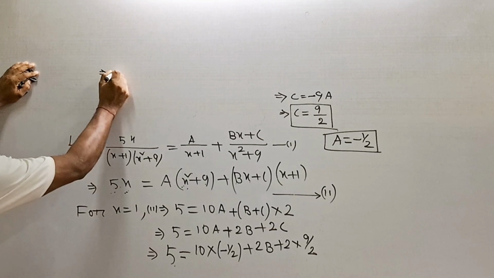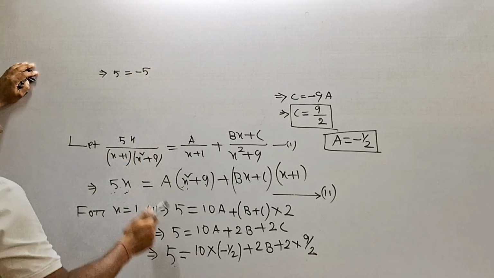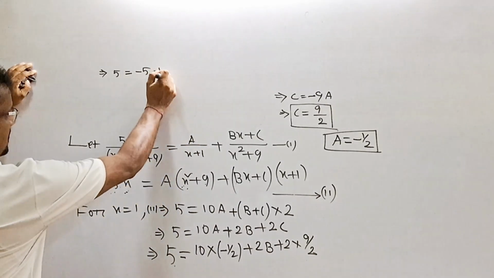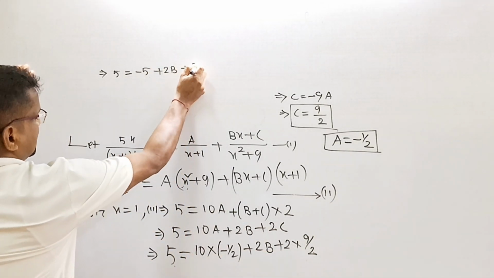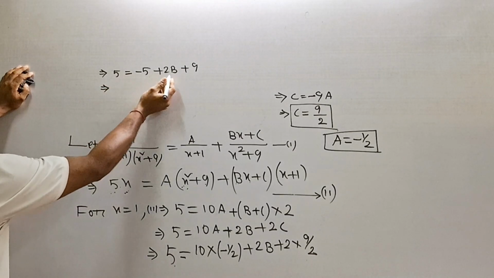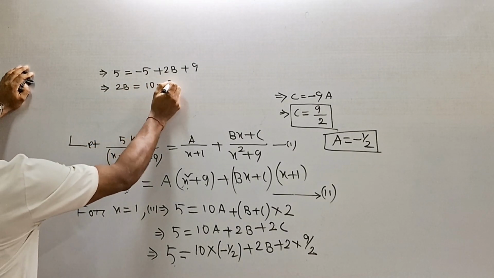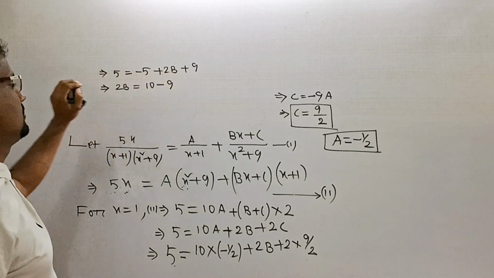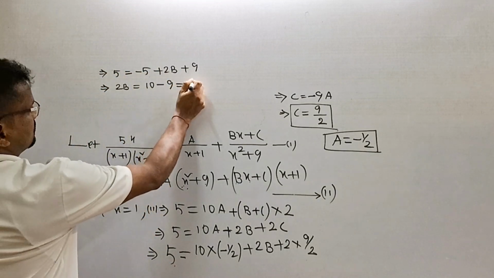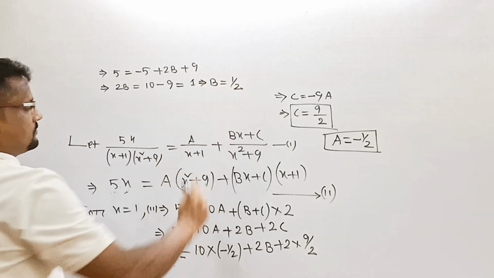This implies 5 equals negative 5 plus 2b, and here the 2 cancelled out, plus 9. So here 2b equals 10 minus 9. If you transpose this, then it will be 10 minus 9, which equals 1, implies b you have got as 1 by 2.